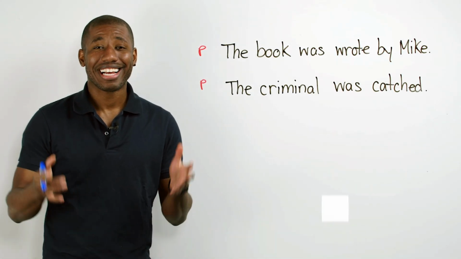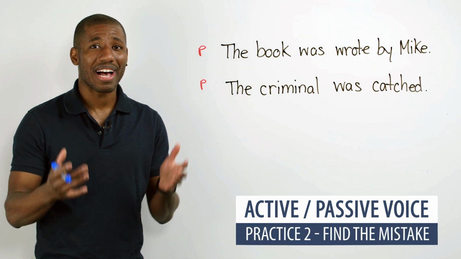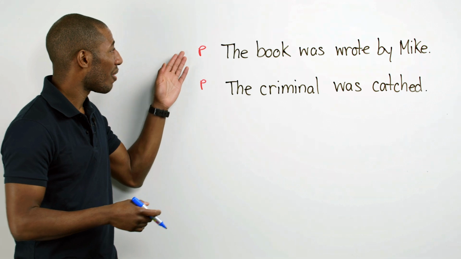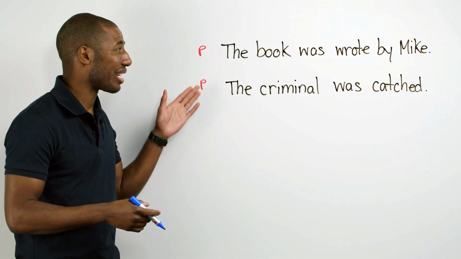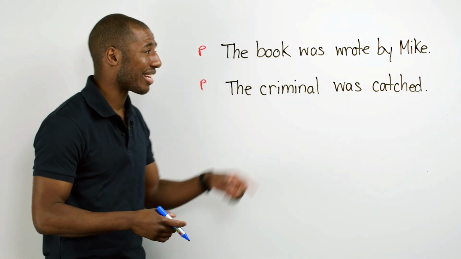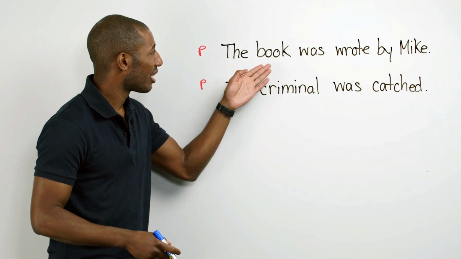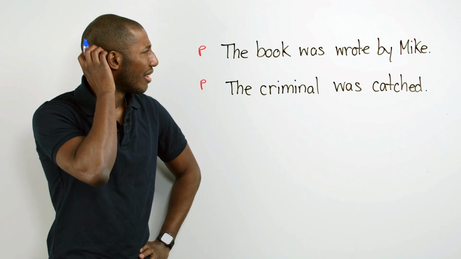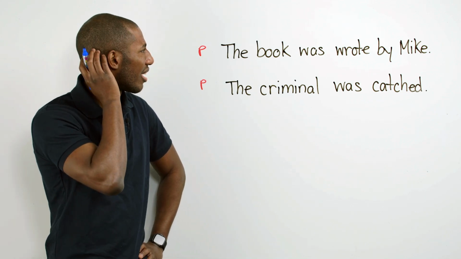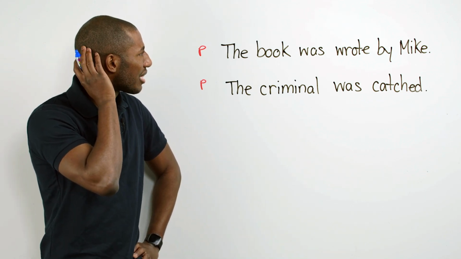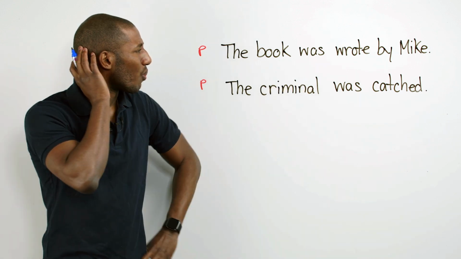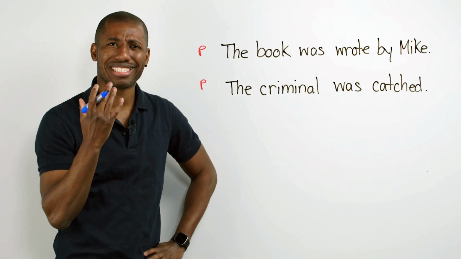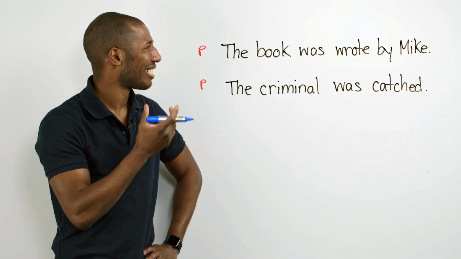All right, everyone, I need some help finding mistakes in these two sentences. Both of them are written in the passive voice. Let's look at the first one together. The book was wrote by Mike. Yeah, there's a mistake here. Well, I see I have my to-be verb, was, but there's something about this past participle that just doesn't seem right.